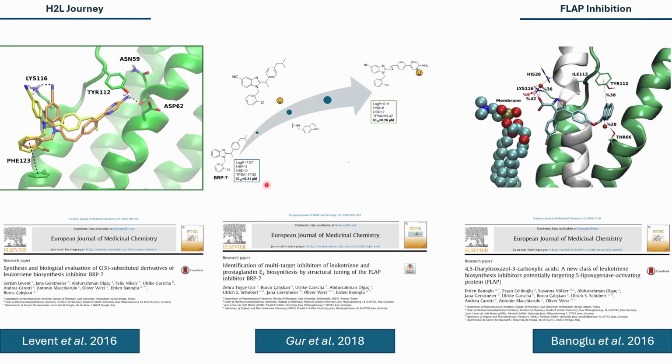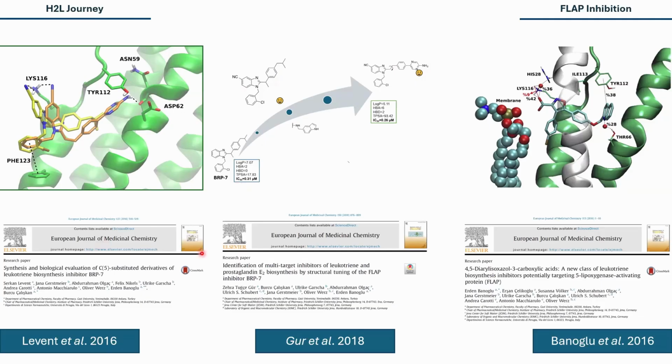Here you see our first hit compound that was found by a virtual screening done previously. When we included the nitrile group at the 5th position of the benzimidazole ring, and also included an additional functional group on that side by replacing the ibuprofen fingerprint of the compound, we both kept the activity, the potency, and also improved the physicochemical profile of the compound.